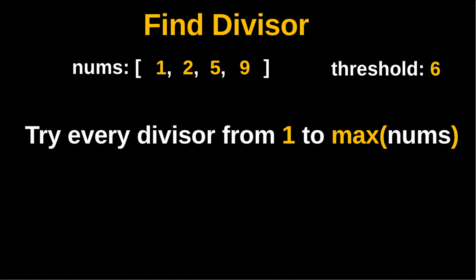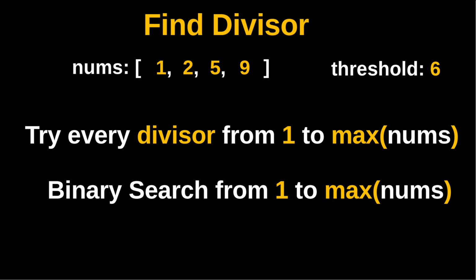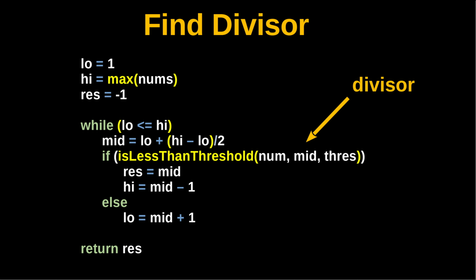Now that we have established that the divisor has to be within the range between 1 and the maximum of the nums array, we can refine our strategy using binary search within this range. Let's start pseudo-coding this problem. We can start with the binary search template. We know the low value is 1, and the high value is the maximum value of the nums array.